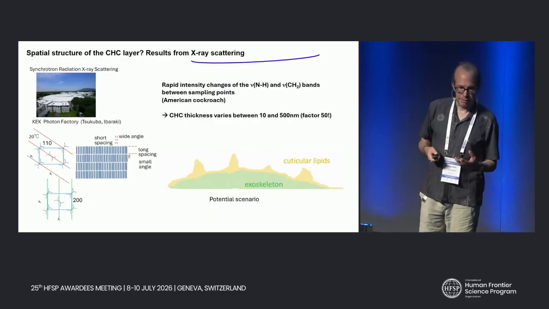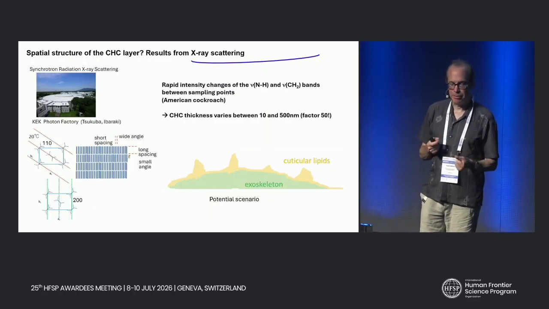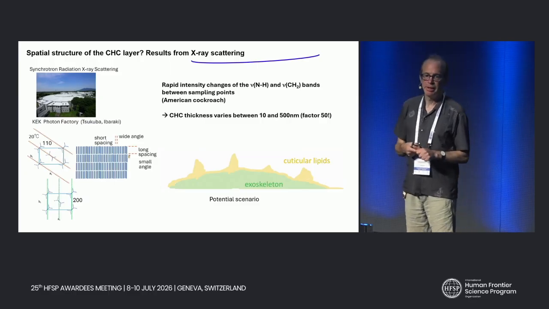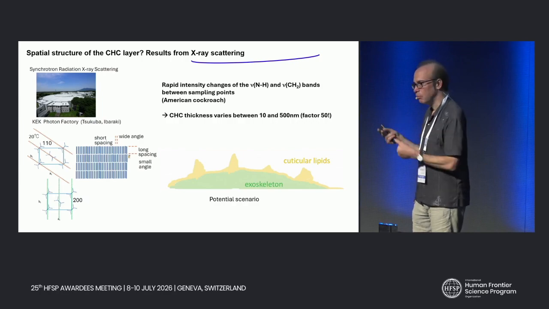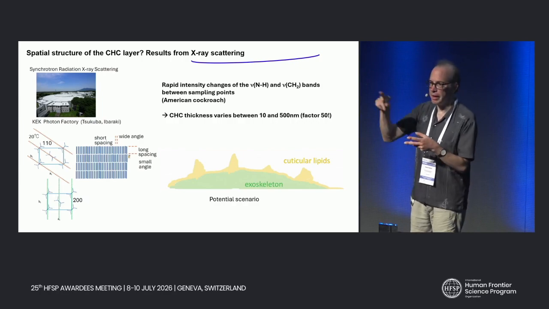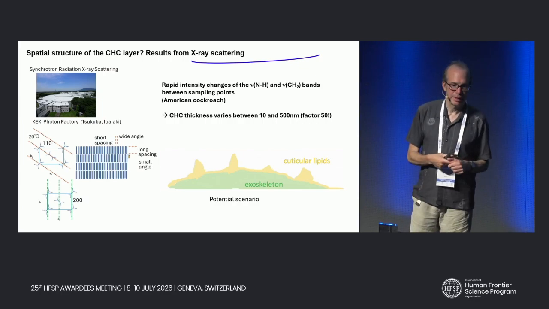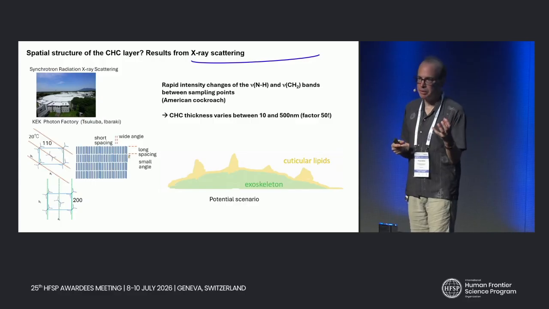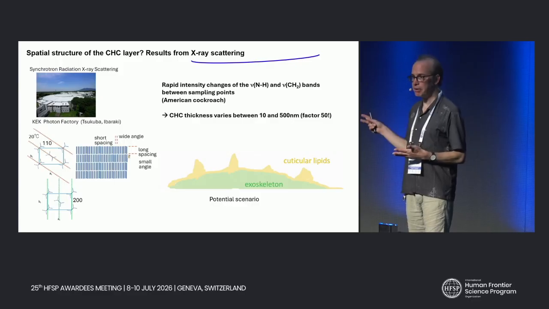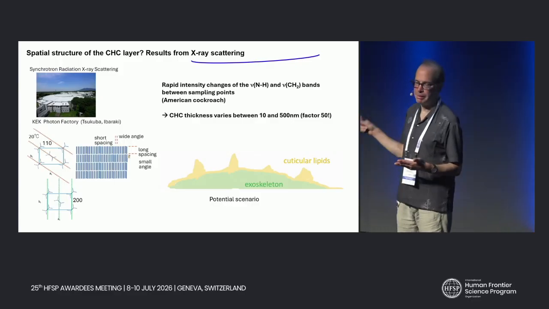And Fumitoshi did now some measurements of X-ray scattering, and again we looked at intensity changes of the NH bonds and the CH2 bonds, and that also allowed us to infer that the CHC thickness varies between 10 nanometers, which are actually only a few molecules thick, and 500 nanometers, and this is quite immense.